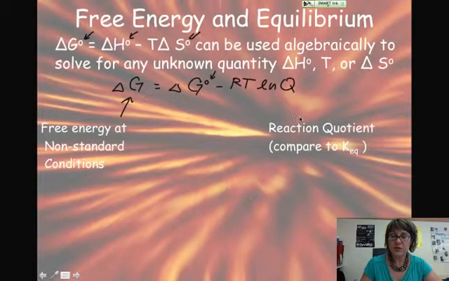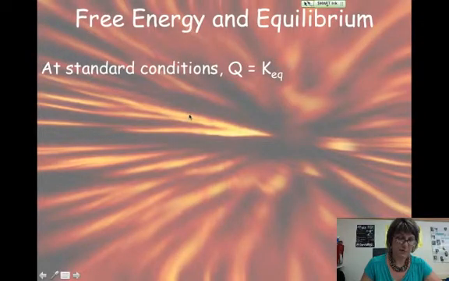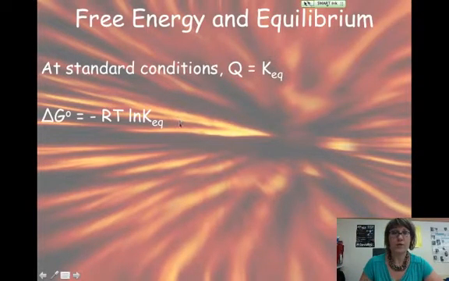And then the reaction quotient, Q, is what we're using here, so we can put in any old concentration, not just equilibrium concentrations. So this is going to give us some power to deal with non-standard conditions. We define equilibrium as the set of concentrations or pressures where Q is equal to KEQ. So we're at equilibrium, and delta G is going to be connected to that equilibrium constant.